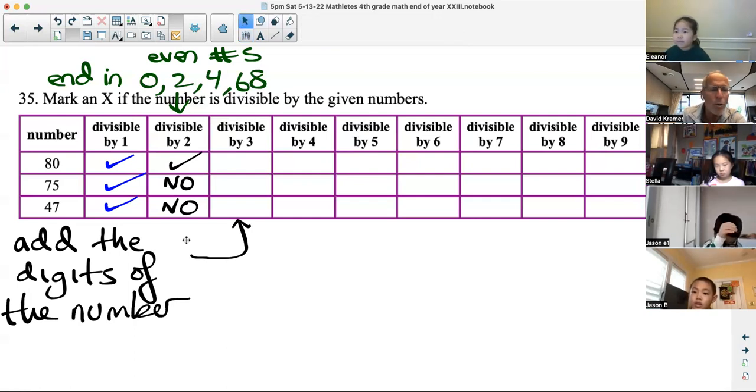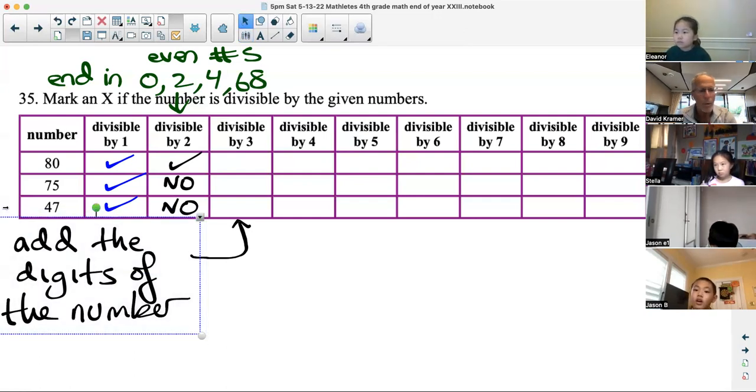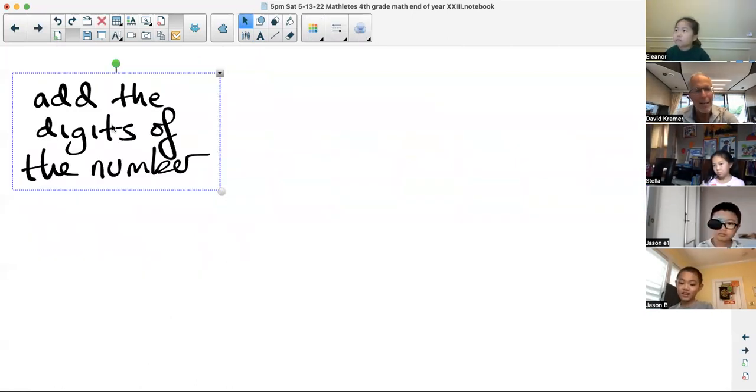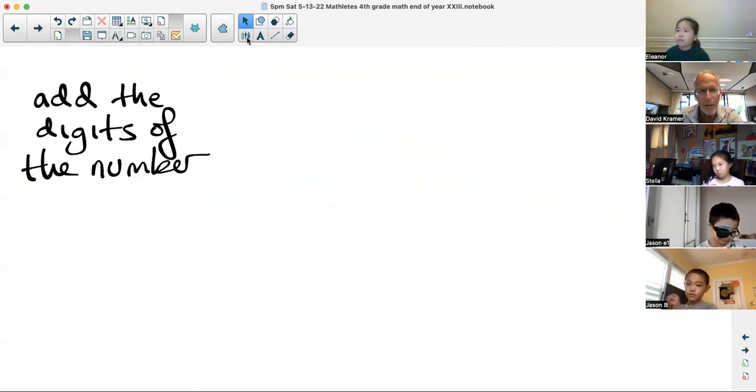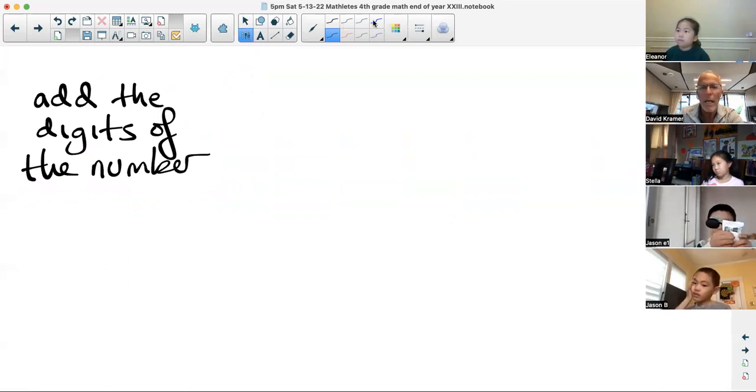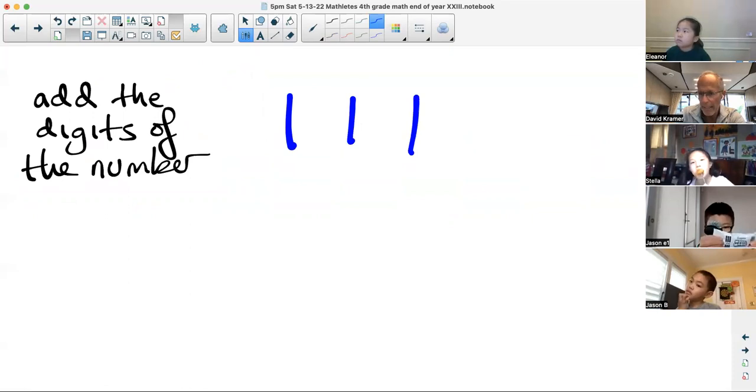So let me show you what to do here. You're going to add the digits of the number. So for instance, is the number 111 divisible by 3? Well, let's see. We add them up.